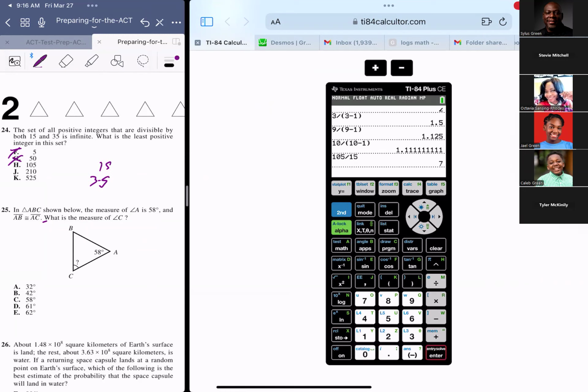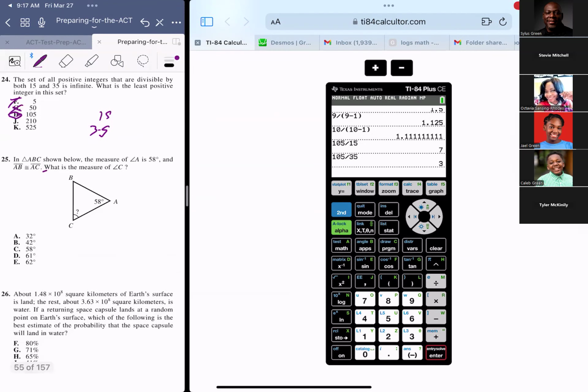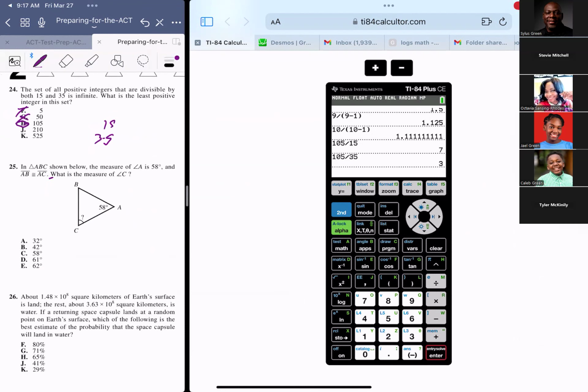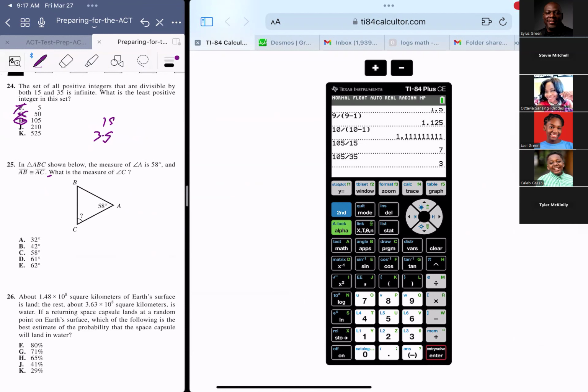105 divided by 15 is 7, and divided by 35 is 3. So that's the least positive integer that's divisible by 15 and 35. For this one, obviously it's not 5 because that's under both of them.